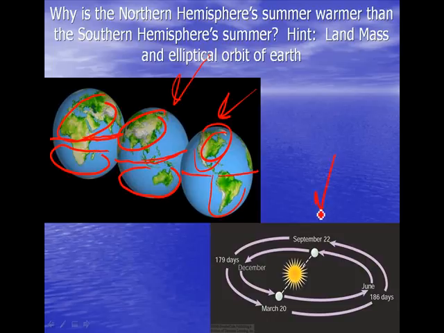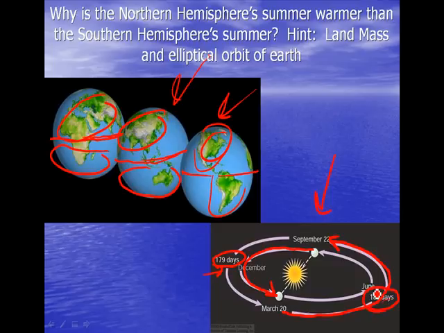Also, the second factor in this, because of the elliptical orbit, and this is interesting, you'll notice that as we head from September to March, again, keep in mind that in the southern hemisphere, this is the warmer days, the summer. There's 179 days when we go from September to March, whereas when we go from March 20th to September 22nd, which is typically when we move from our vernal equinox into our summer solstice, it's 186 days.